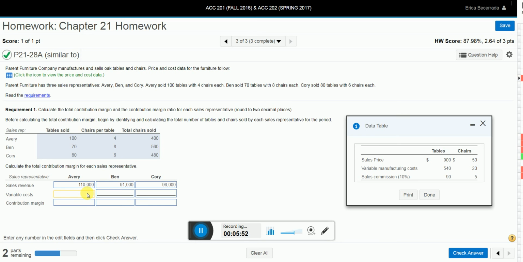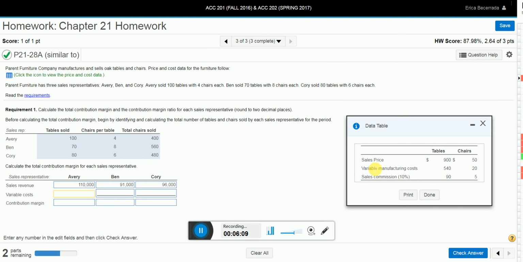Okay, so moving on to variable cost. For variable cost, we have to add the total manufacturing cost and sales commission, because sales commission is also a variable cost. So we're first going to calculate the manufacturing cost.